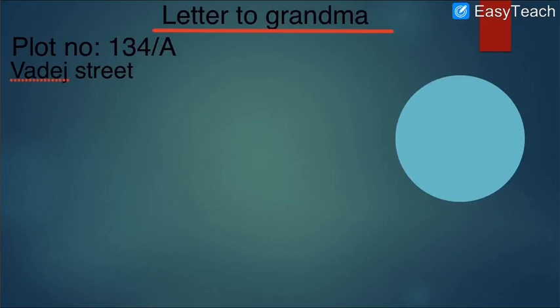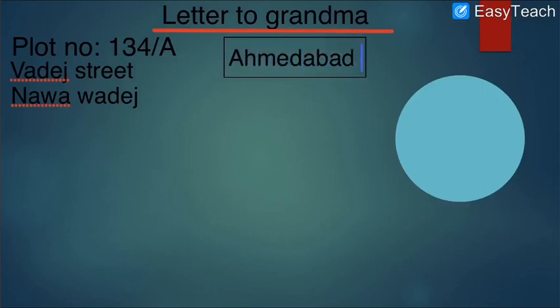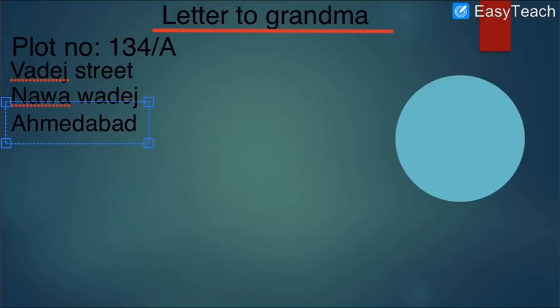Now comes area. Area is Nawa Wadage. This is the name of the area, Nawa Wadage. Then I will write the name of the city, which is Ahmedabad. That's it.